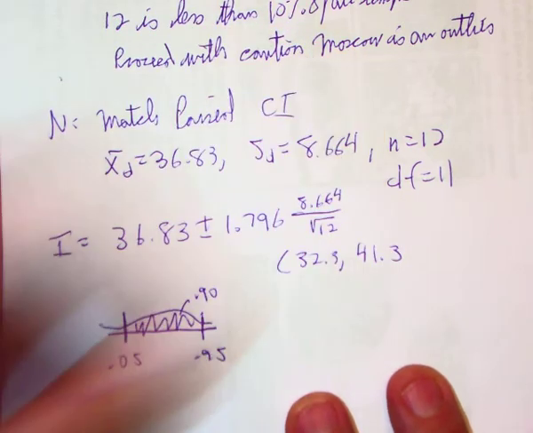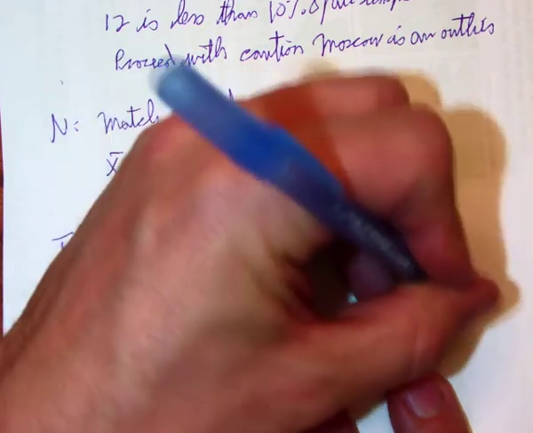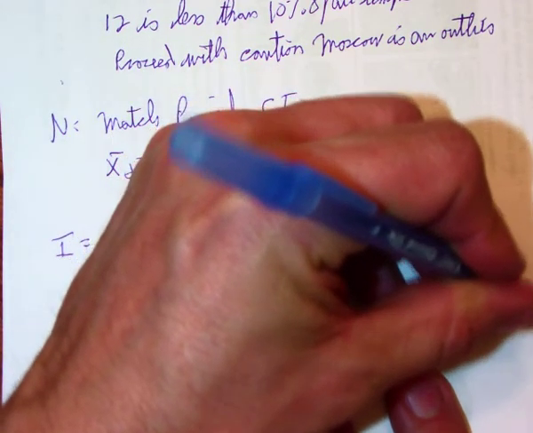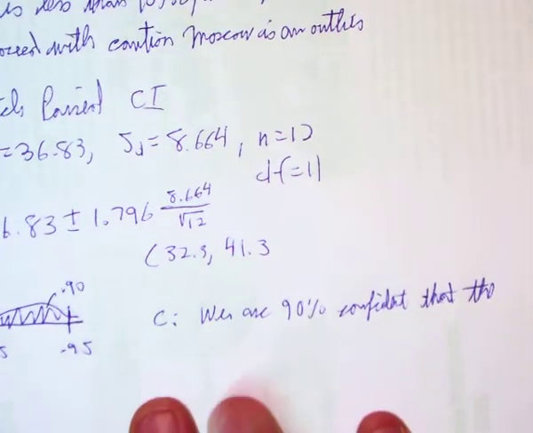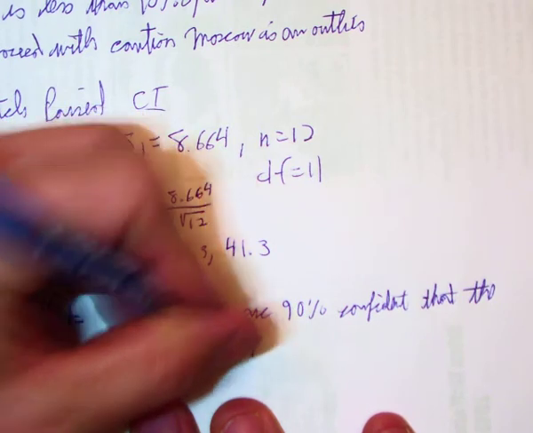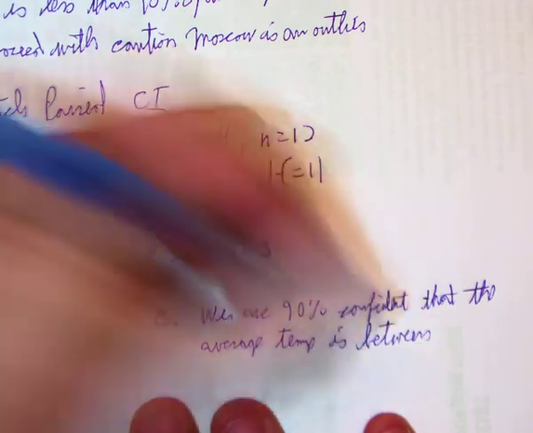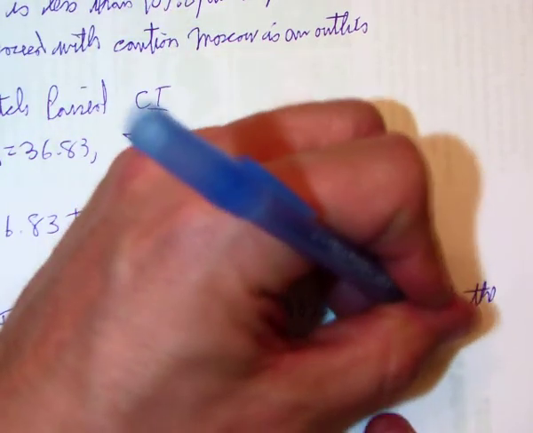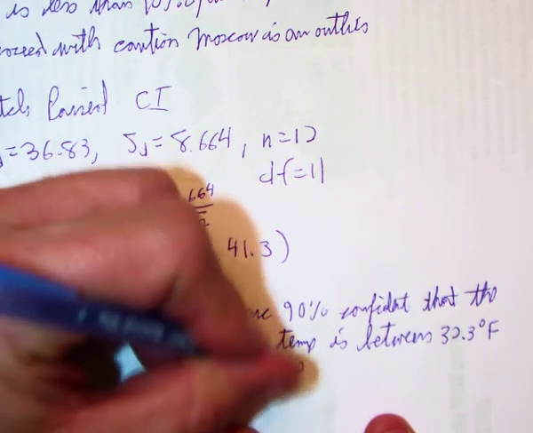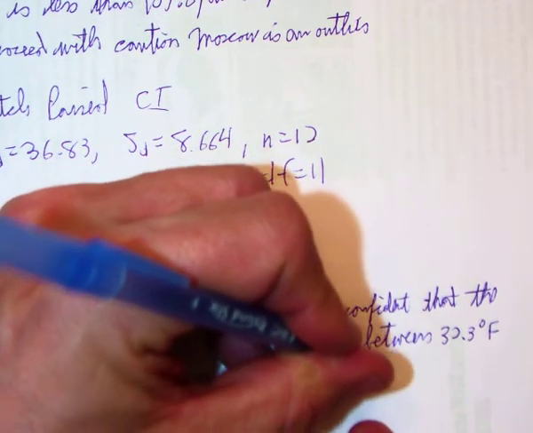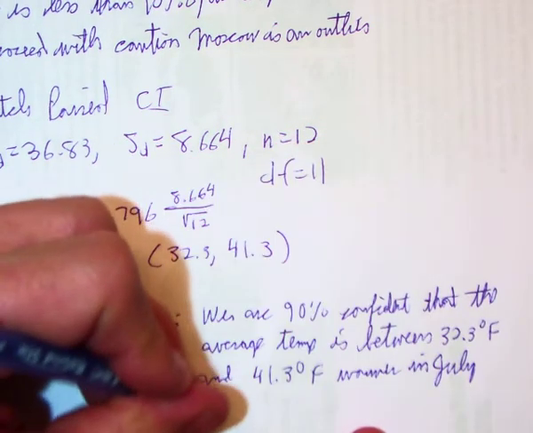So the conclusion is we are 90% confident that the average temperature is between 32.3 degrees Fahrenheit and 41.3 degrees Fahrenheit warmer in July than in January.